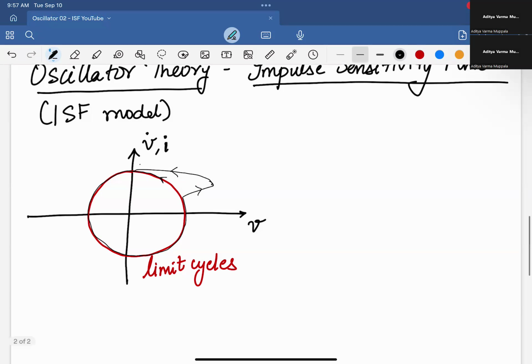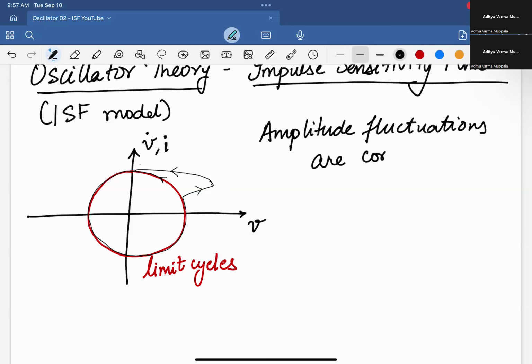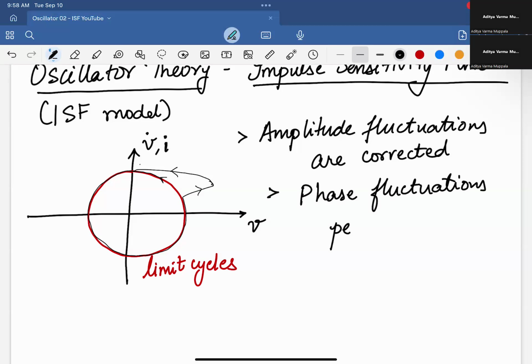And we also saw that amplitude fluctuations are corrected in time. So it's not very sensitive to amplitude fluctuations, but phase fluctuations persist, right?